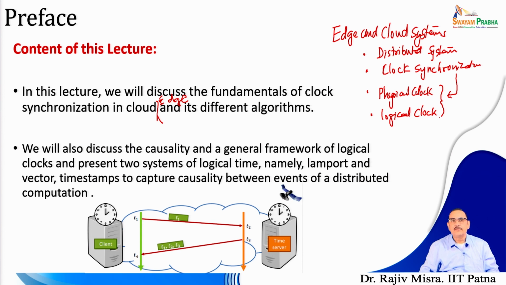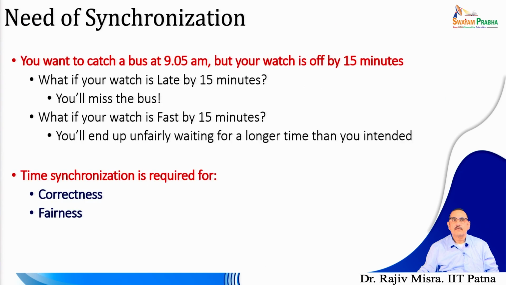Before that, we are going to see why this clock synchronization is needed in such systems, that is the edge and the cloud systems. Now, why there is a need of clock synchronization. Let us see our example. In that example, let us say that we want to catch a bus at 9:05 a.m., but your watch is off by 15 minutes.